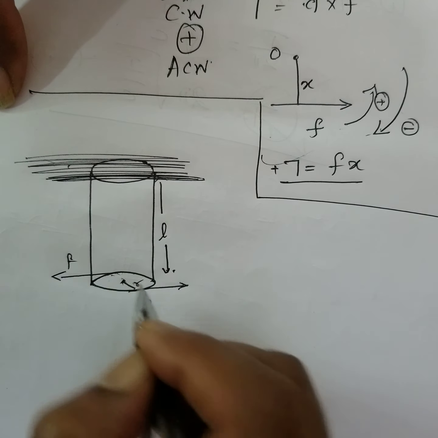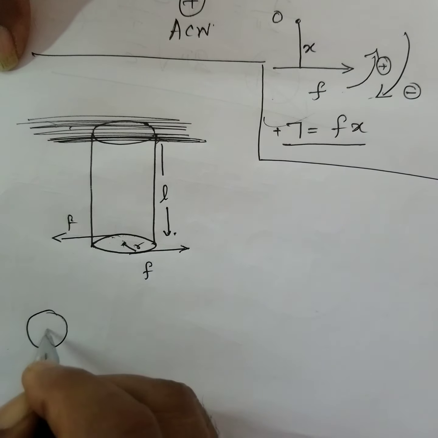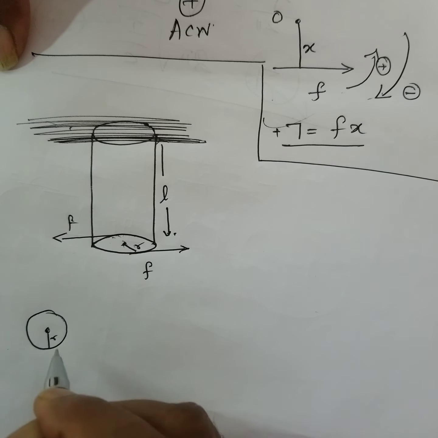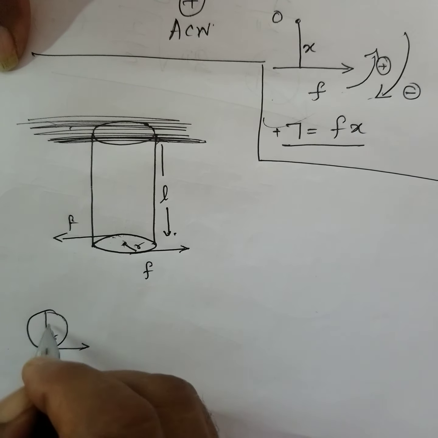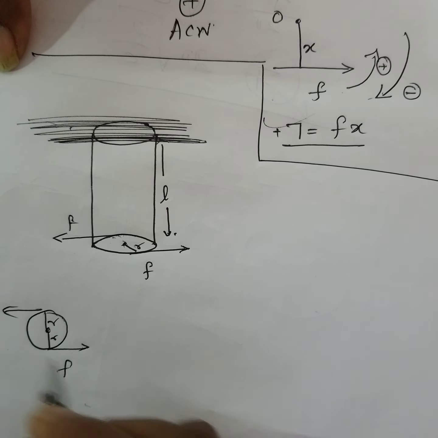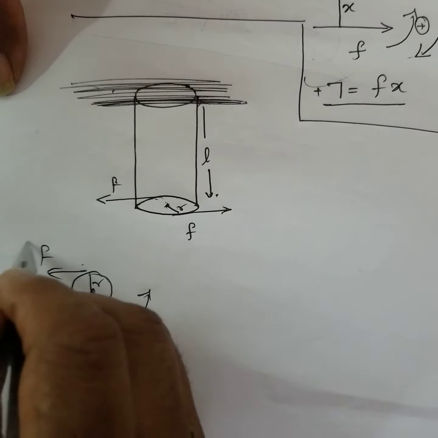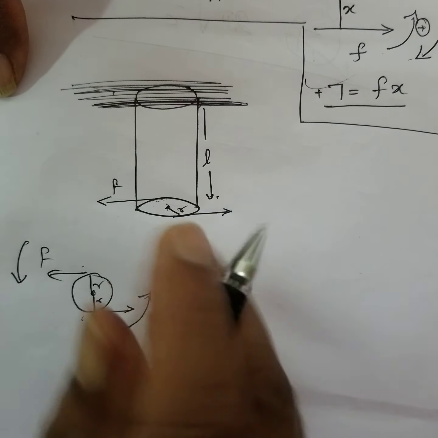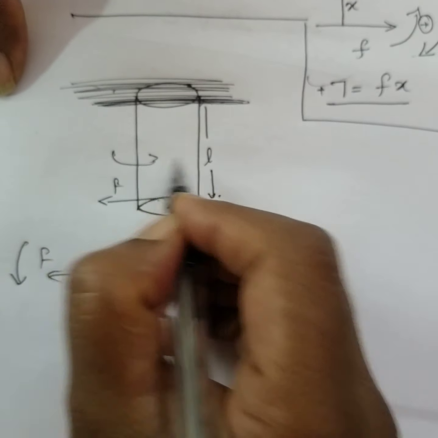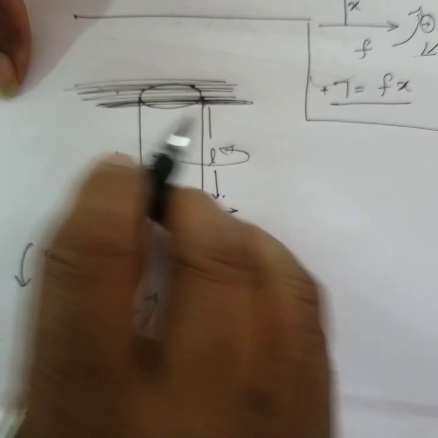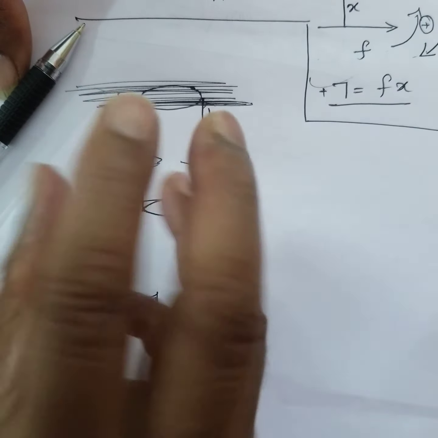R is the radius, aerial view. Equal and opposite forces give a rotational effect. It twists, trying to rotate in this direction.